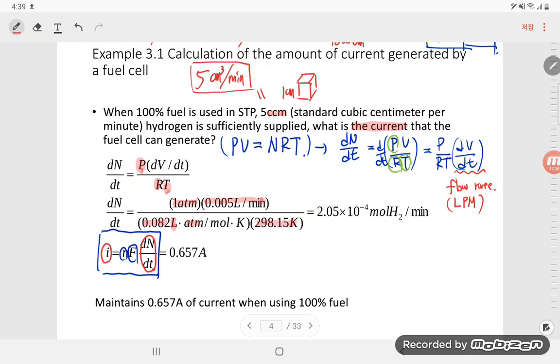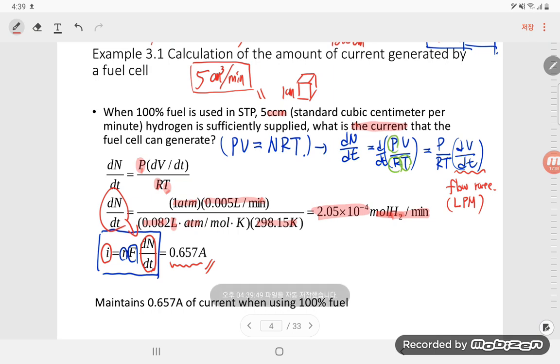So if you insert each value here, then we can get this moles per minute, right? And if you insert this value here, then we can get 0.657 ampere. That is the current from the use of 100% of the fuel, H2, hydrogen gas.